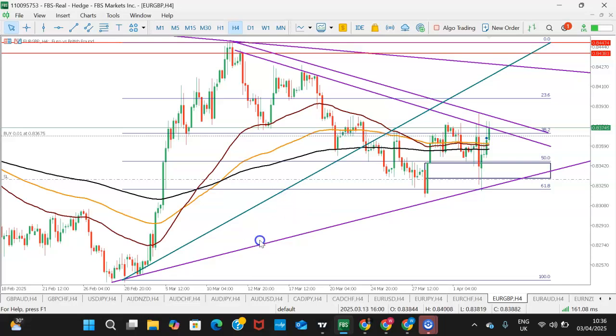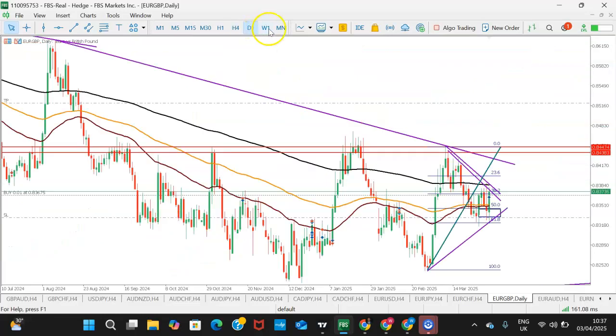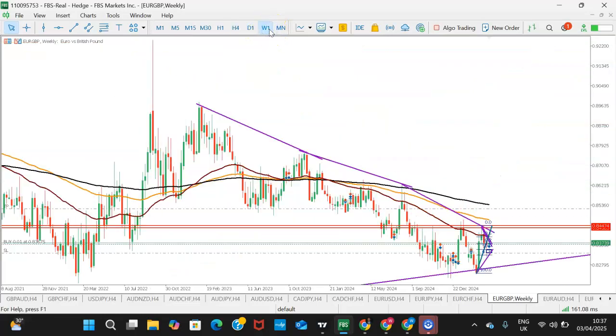This is a Euro GBP live chart, and as you can see, this is the 4 hours. Now if I go as high as the daily time frame or weekly, you notice that price is actually coming from a trend line, a monthly trend line. This is a weekly chart.